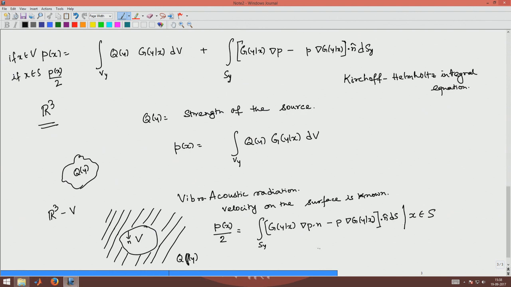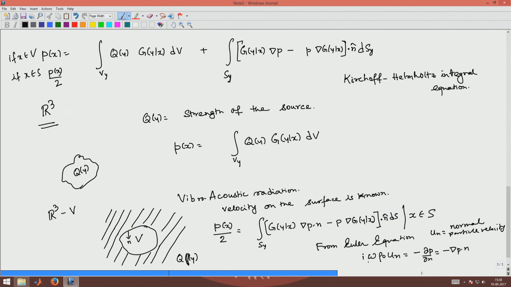Now, note that from the Euler equation we know that iωρ0 un, where un is the normal particle velocity, must be equal to minus ∂p/∂n, which is also minus gradient of p dot n.